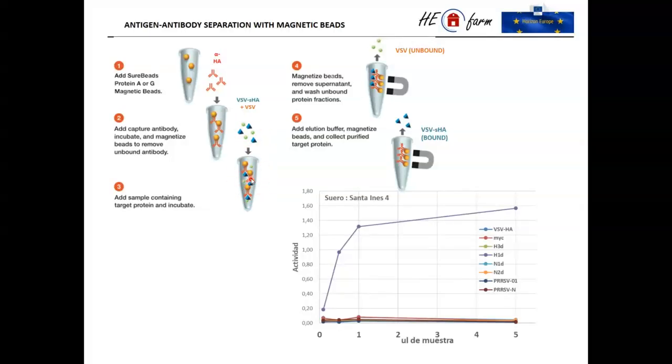Once we have this, the beads are selected by a magnetic field and washed, and then of the bound VSVs in this pool, we can just go ahead and do the RT-PCR and the sequencing. You can see here we have done several tests regarding the amount of sample we need, and with 1 or 2 microliters is enough to get a good response for a positive serum.